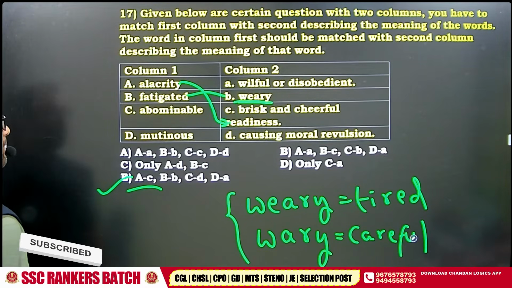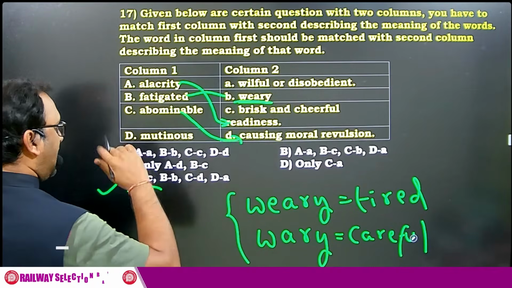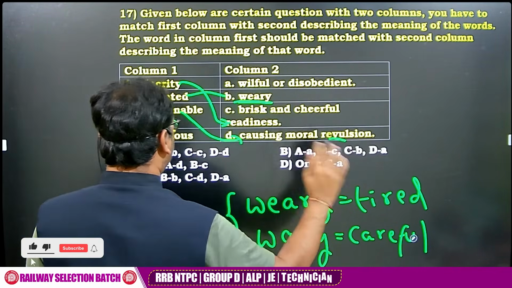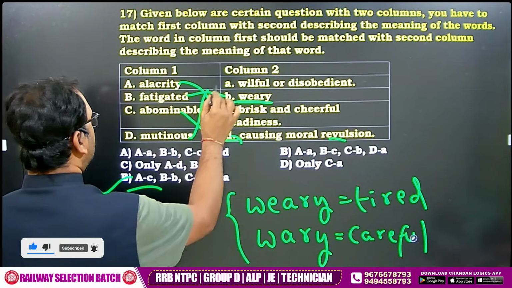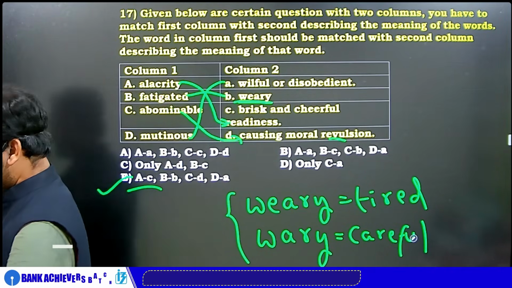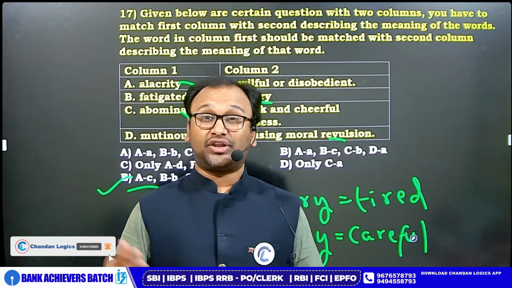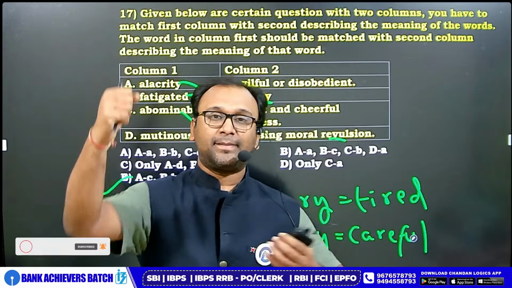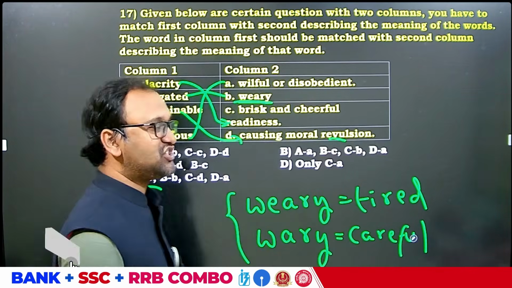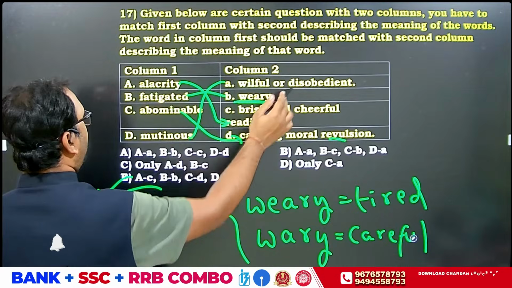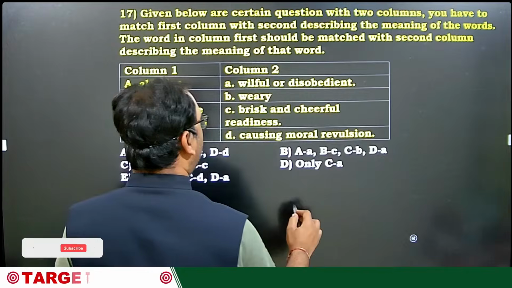And abominable means don't like, hate. Revulsion means hate. So mutinous means disobedient. It's like the Sepoy Mutiny, the 1857 revolt. So mutiny means non-cooperation, disobedient. Okay, how easy today the paper is.